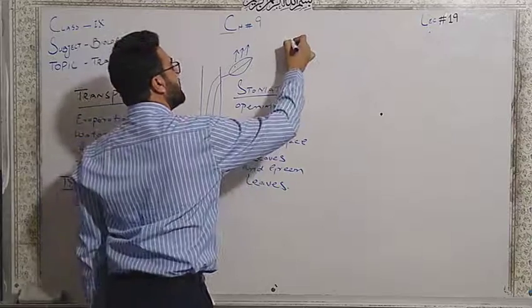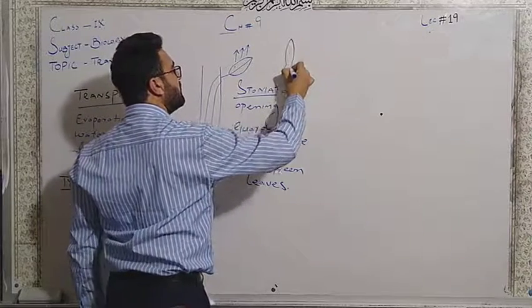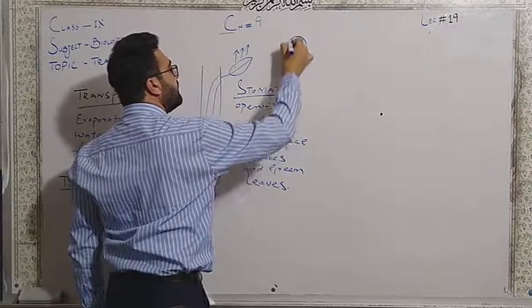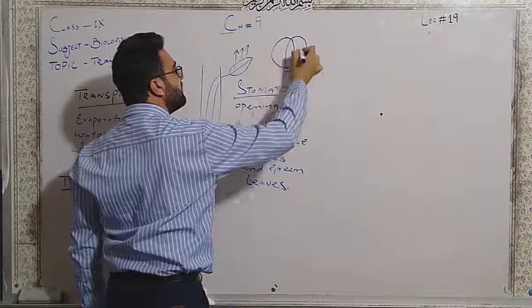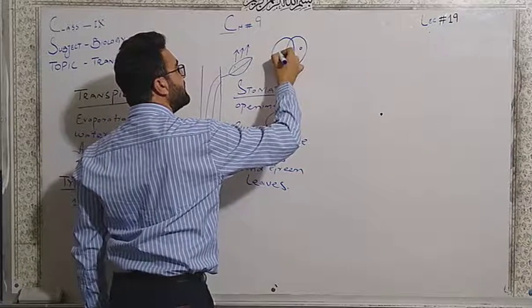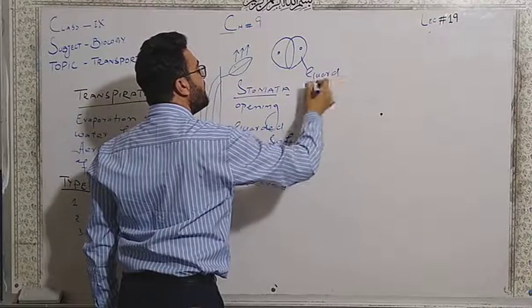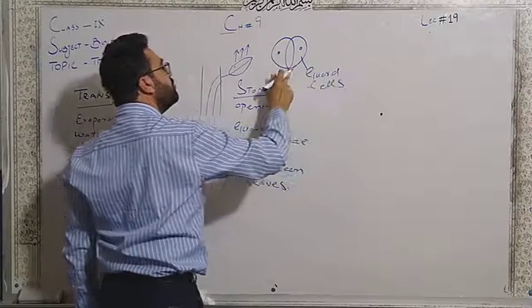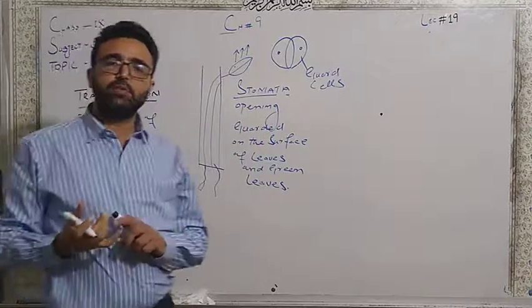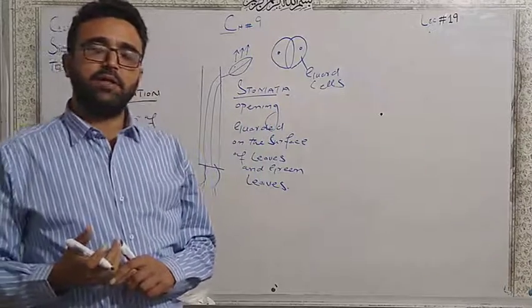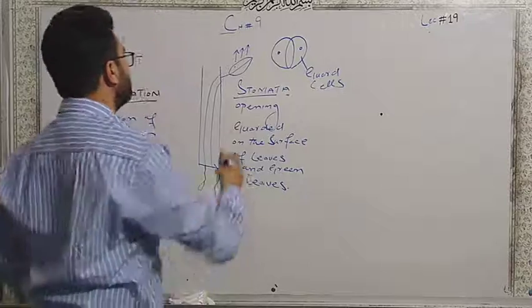This is a diagram which will show you the structure of stomata. These two are guard cells. These guard cells are responsible for the opening and closing of the stomata. Usually, the stomata are open during the day and closed at night.